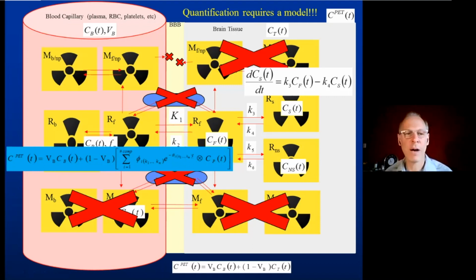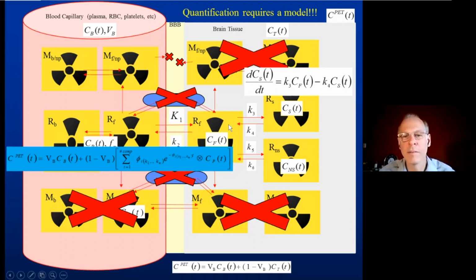So now, if we fit the time activity curve with the activity in blood and the input function, we are able to find the values of the rate constants. And from all these rate constants, we are interested in K3.